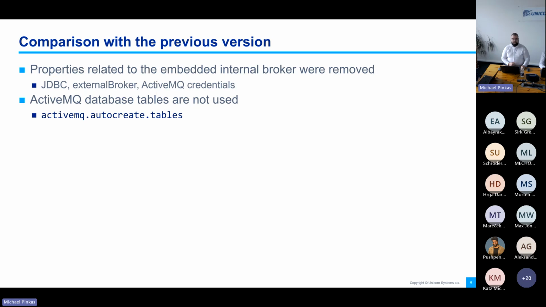They were removed because they are not part of the base application anymore. Also, the ActiveMQ database tables will not be used as Artemis by default uses a file journal on the file system. So the ActiveMQ autocreate tables property was also removed from the application.